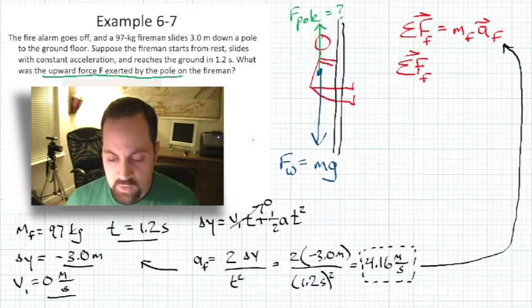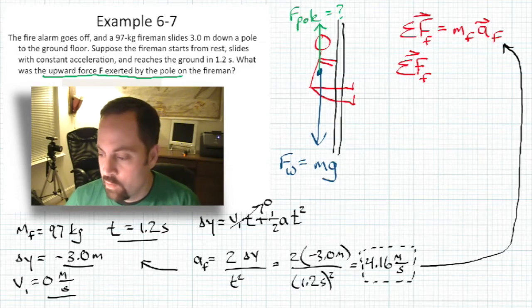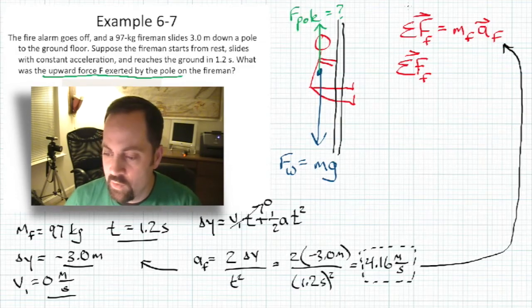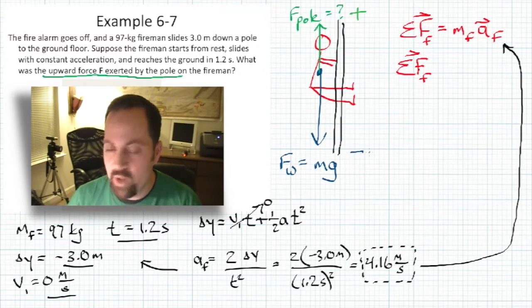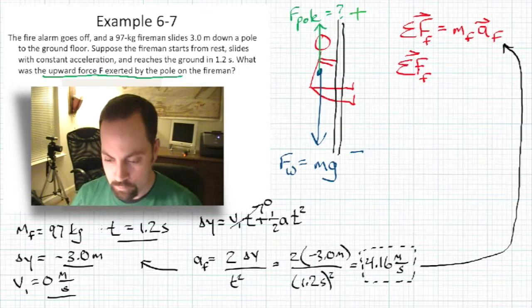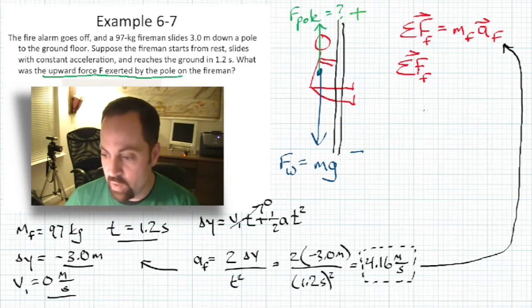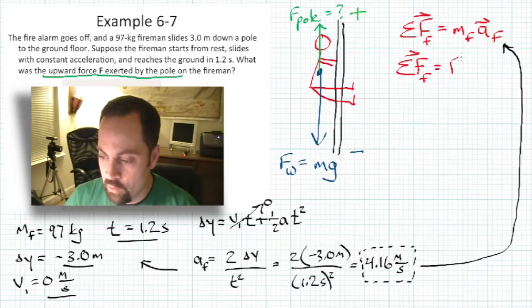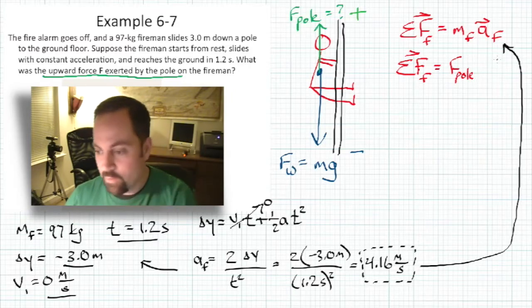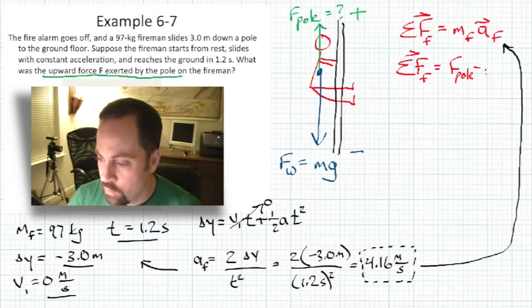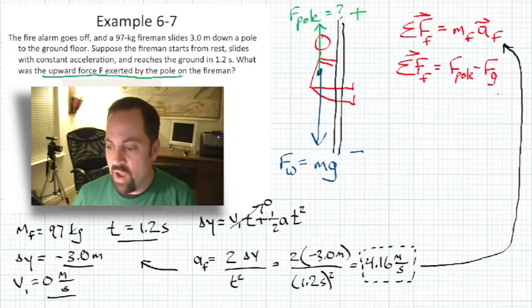So let's pretend that this is the positive direction up here, and this is the negative direction down here. So we can say that the net force on the fireman is the force from the pole minus the force due to gravity.